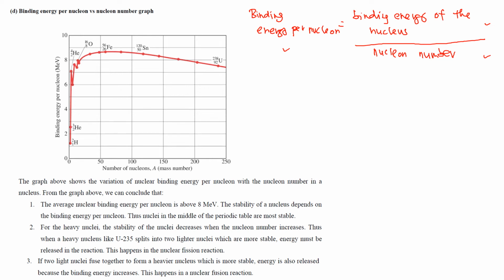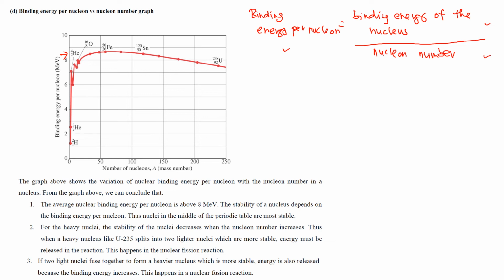From the graph above, which shows the nuclear binding energy per nucleon against the nucleon number, we can conclude that the average nuclear binding energy per nucleon is above 8 MeV. Most of them are above 8 MeV.